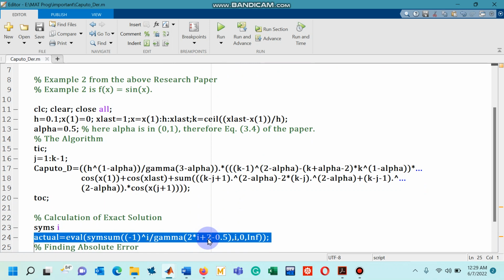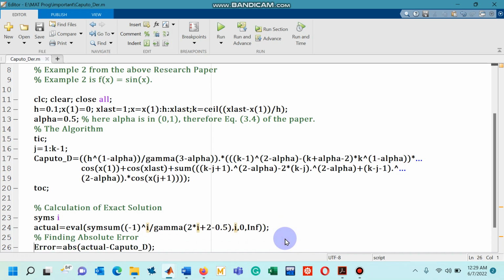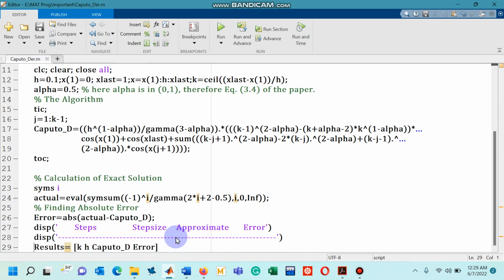After that, I have also written the actual answer so that I can find the absolute errors. This exact answer was also mentioned in the research paper. After writing the exact answer, I have given the command to compute absolute errors. And after that, on line number 29, I have collected the computed information.